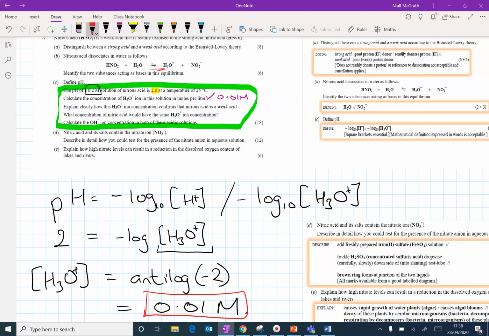This is only about 5% dissociated because we started with 0.2 molar, and our concentration of H3O plus is only 0.01, so only about 5% of that nitrous acid has dissociated into its H3O plus.